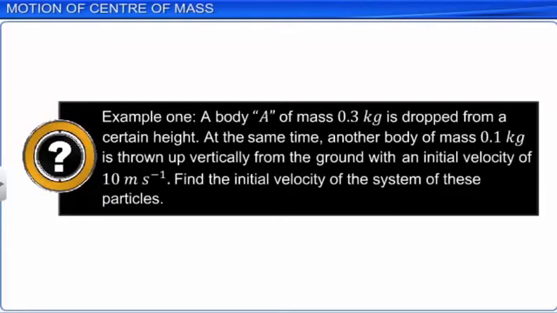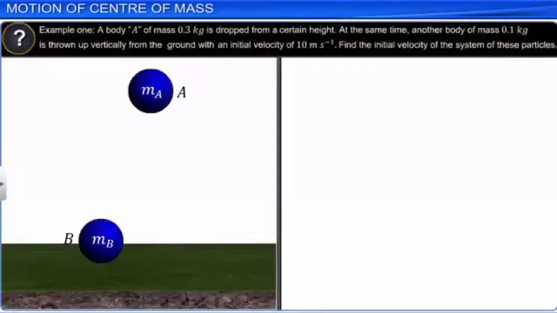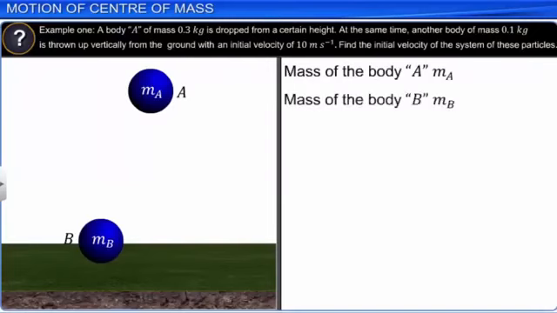For the body A, let the mass be ma, and for the body B, let the mass be mb. Then ma is equal to 0.3 kg and mb is equal to 0.1 kg. For the body A, initial velocity Va is equal to 0.